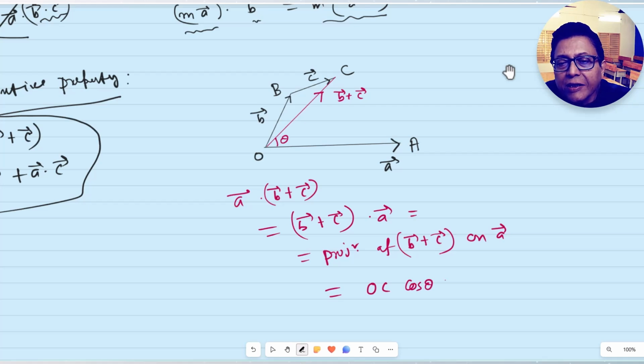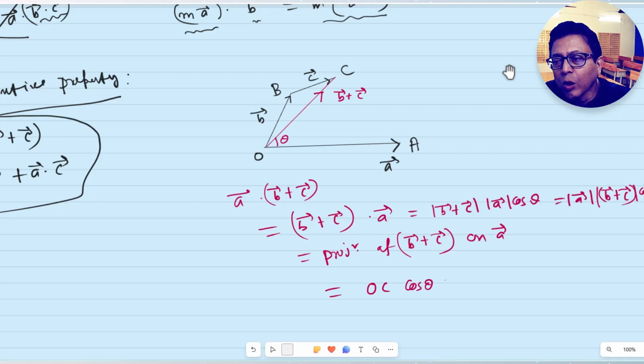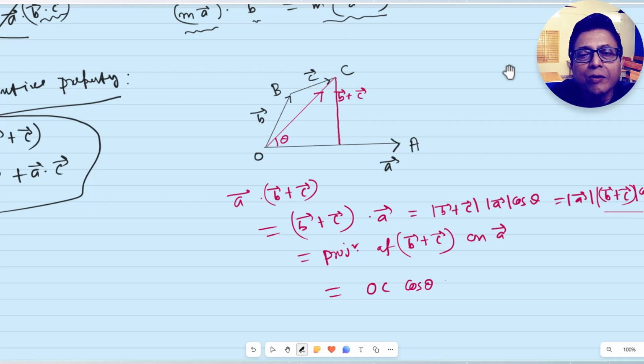Better you write this one in this form first for your better understanding. That is mod B plus C mod A cos theta. This is mod A into B plus C cos theta. So B plus C cos theta is what? If you draw a perpendicular here, CL is the perpendicular.